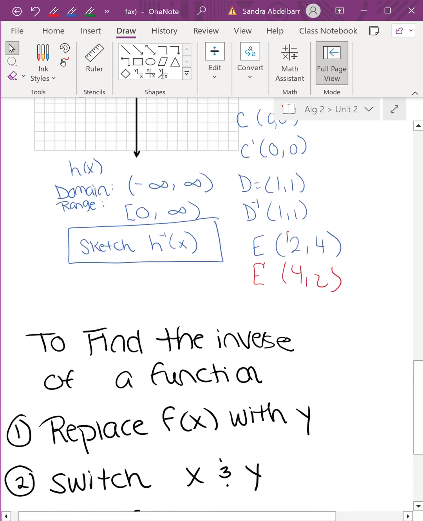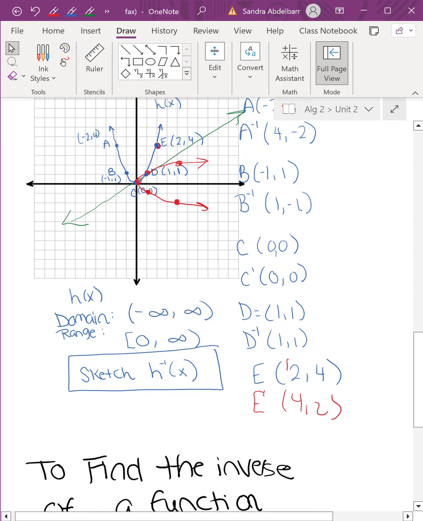So look at our parabola. Our original was a function. Doesn't a parabola pass the vertical line test? Our inverse, which is in red, wouldn't that fail the vertical line test? So just because the original is a function, its inverse is not necessarily a function. It can be a function, but it does not have to be a function.